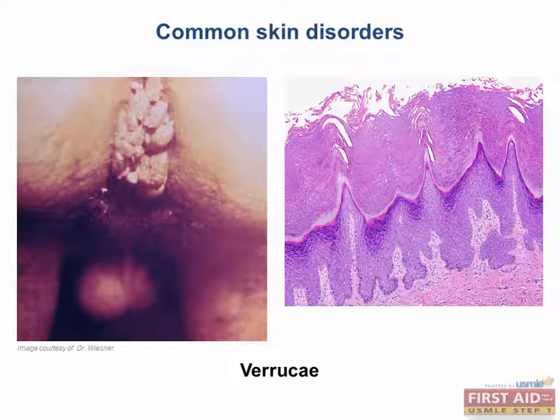So what are verrucae? Well, these are warts, soft, tan-colored, and cauliflower-like. If you look at them under microscopy, they show epidermal hyperplasia, or hyperkeratosis, as well as koilocytosis. Sometimes they're described as looking like church spires.